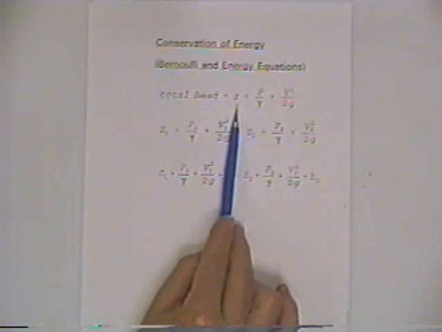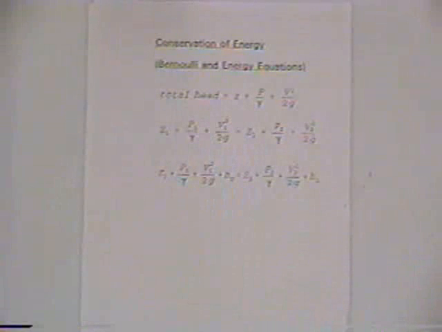And so the total energy head is the elevation head, which is a potential energy. If you visualize a particle of flowing fluid, it has the potential under the force of gravity to drop through some distance z, and so we call it elevation head.